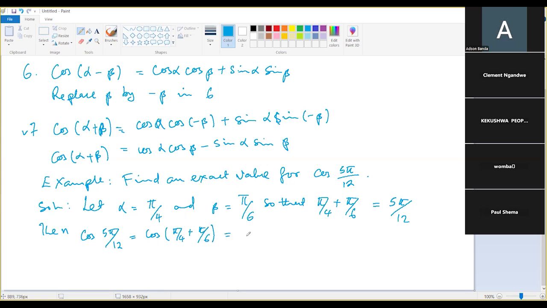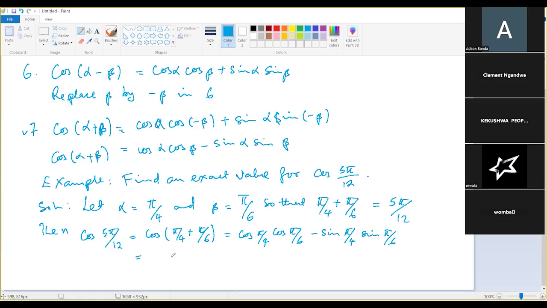And so according to the identity number 7, this should be the cosine of alpha, which is pi by 4, and then the cosine of beta, which is pi by 6, minus the sine of alpha, which is pi by 4, and the sine of beta, which is pi by 6.